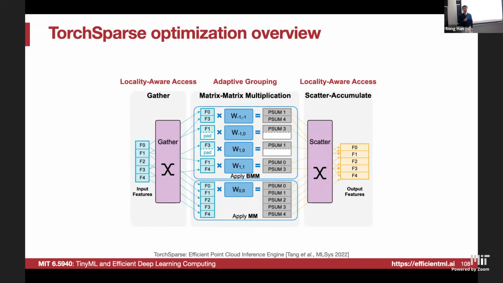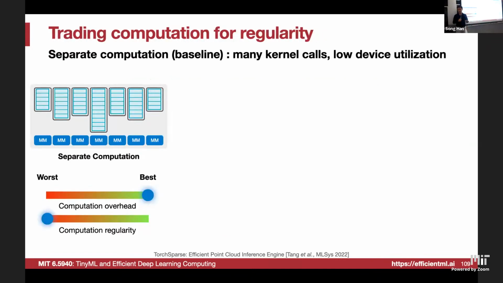So how do we parallelize such a pattern? We want to add some redundancy. We want to pad them so that they are of equal size. So we waste some of the computation, but that buys us some regularity. Okay, so I can parallelize them using the same batch matrix multiplication.